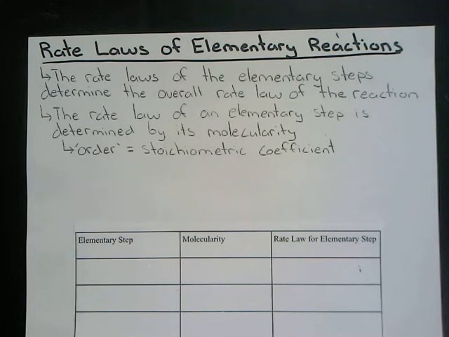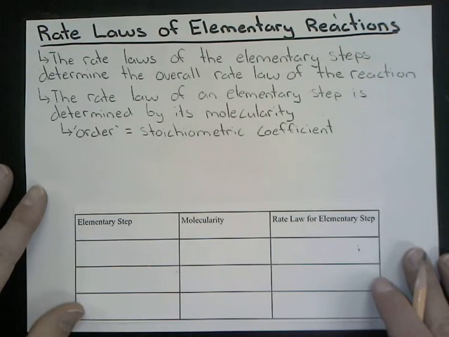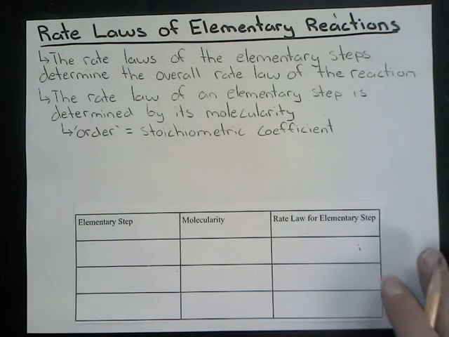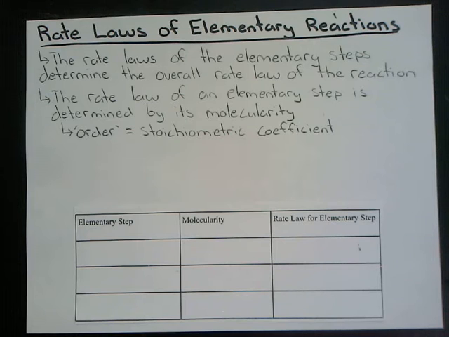Now, to help tie all of that together, I have here our example chart. In this example chart, I'm going to talk about each of the molecularities and develop the rate law for that particular step. We'll start out with our first example.